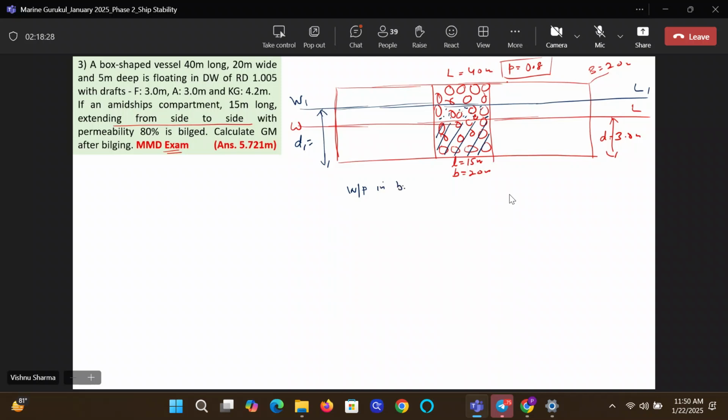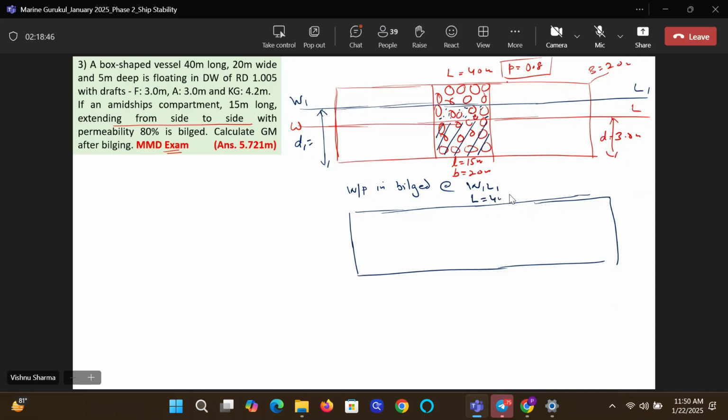Now guys, right below this, can you make the water plane in bilged condition? At which level? At draft W1, L1, or draft D1. You will see the whole water plane of length 40 meters, breadth 20 meters. You will see these bulkheads. Guys, when you cut it at W1, L1, will you see some surfaces of the cargo also there?